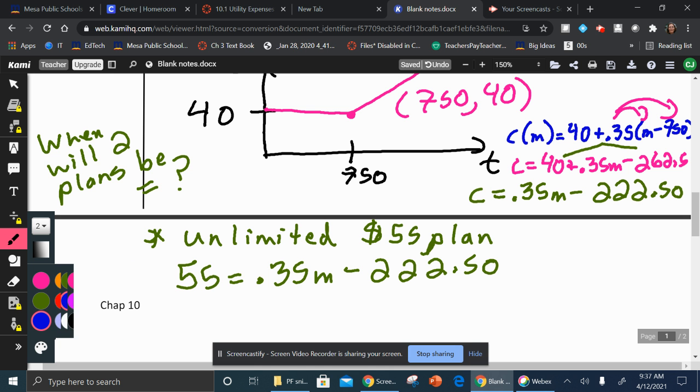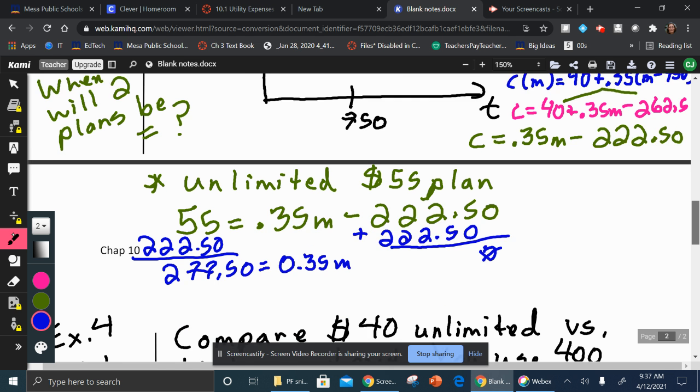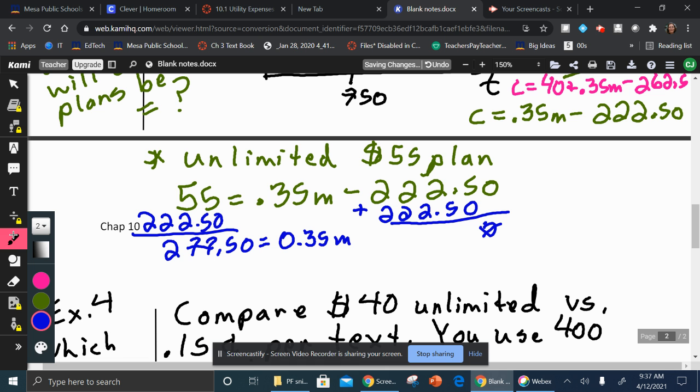So I'm going to add the $222.50 to each side. I got $277.50. I'm going to divide by the 35 cents.